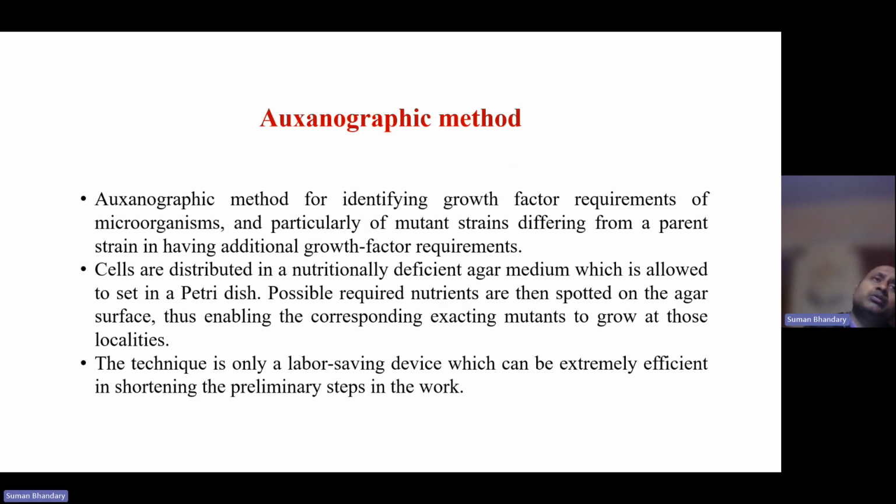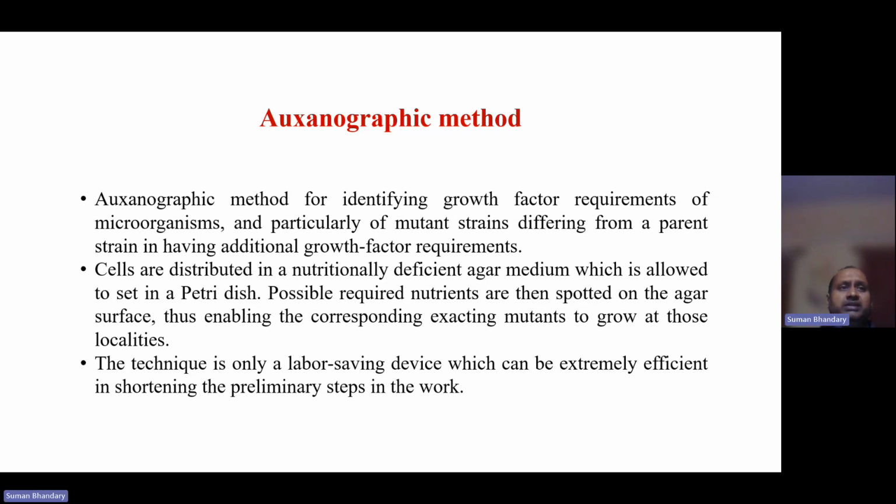Now we are going to discuss the auxanographic technique. This particular technique is employed for the detection and isolation of microorganisms capable of producing certain extracellular substances, such as growth stimulating factors like amino acids, vitamins, etc. A test microorganism with a definite growth requirement for a particular metabolite is used in this method.